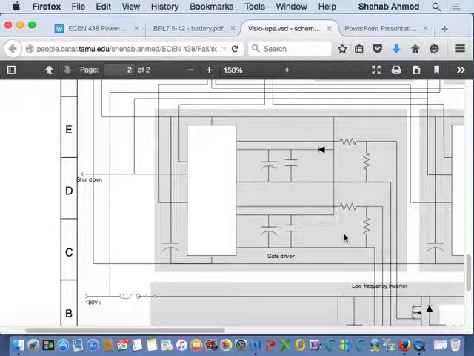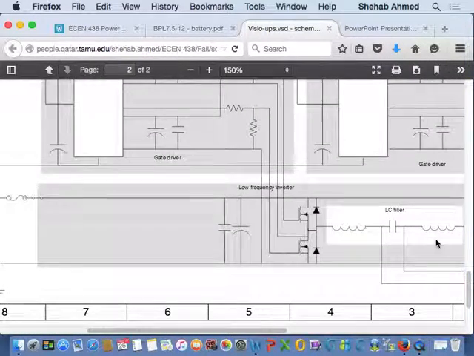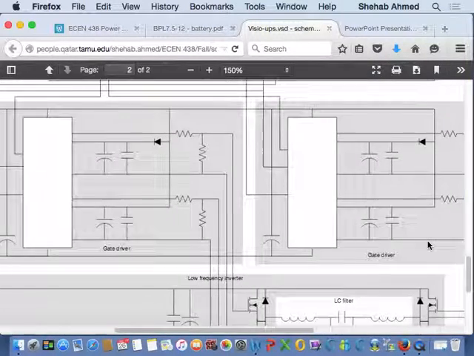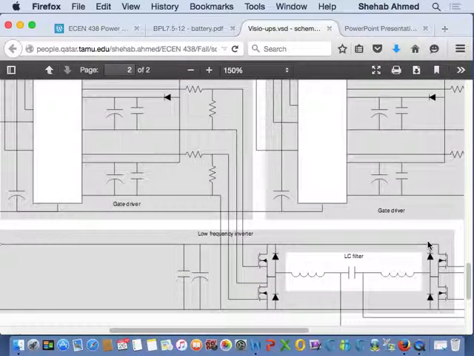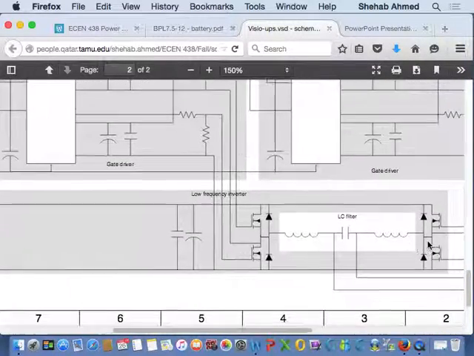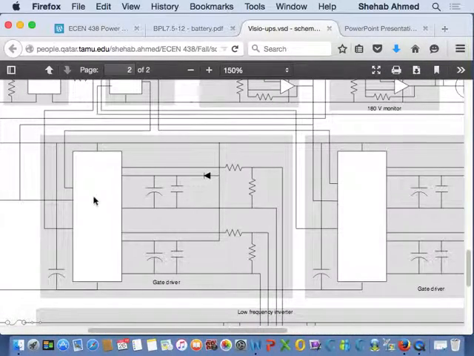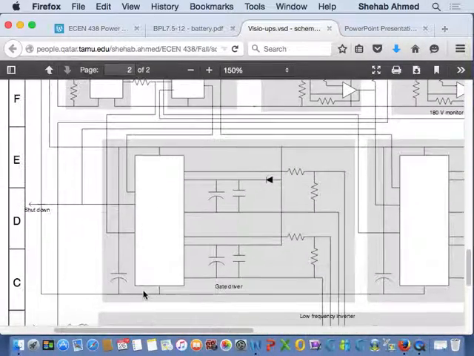They have to be gate drives, because all these switches require specific gate drives, right? And then of course there are some sensing circuits as well that you will have to see, as well as control circuits. So again, these gate drive circuits condition the gate drive signal that's coming from my controller, right?